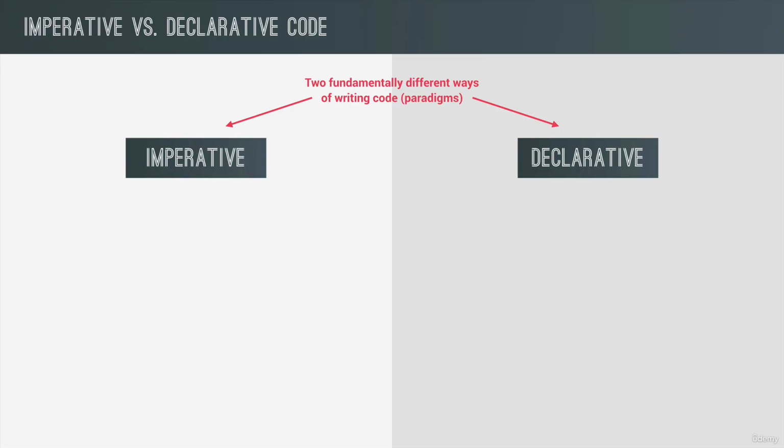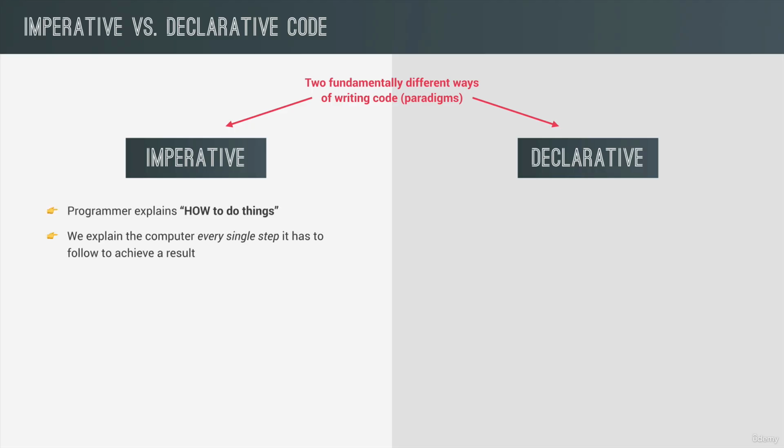Now, whenever we write imperative code, we basically need to explain to the computer how to do certain things. So basically, we need to explain every single step that the computer needs to follow in order to achieve a certain result. But this might sound a little bit abstract, so let's try a more real-world example.